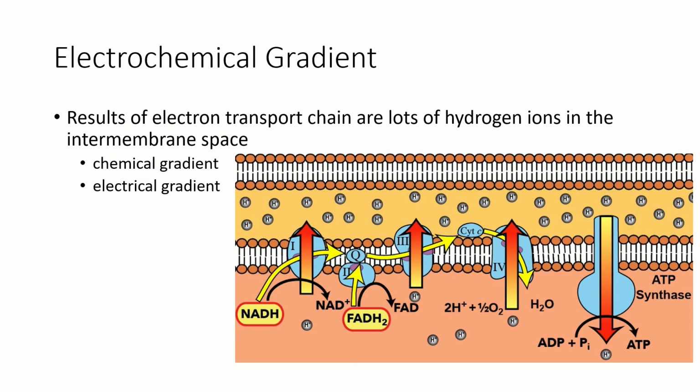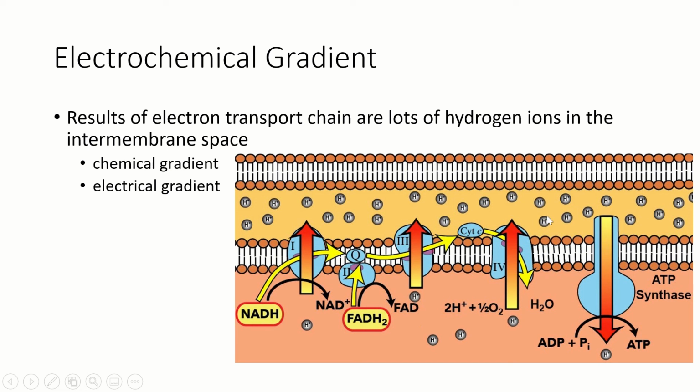We've created what we call an electrochemical gradient, meaning that it is a chemical gradient. There are more hydrogen ions in the intermembrane space than in the matrix. And it is an electrical gradient, meaning that we have more positive charge in the intermembrane space than in the matrix.